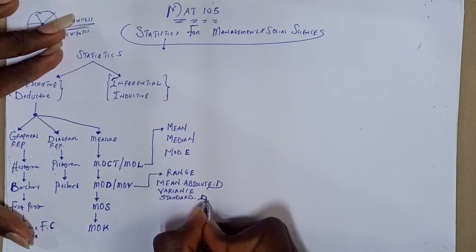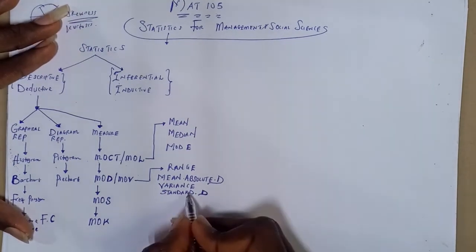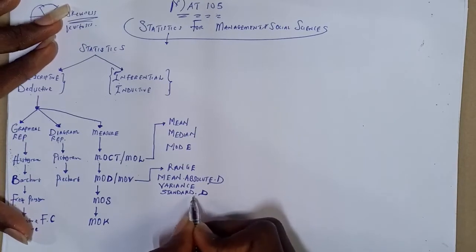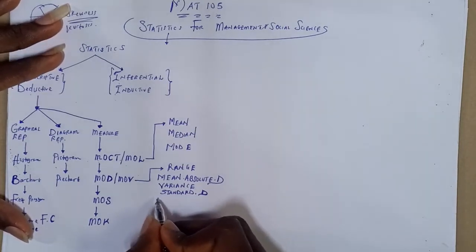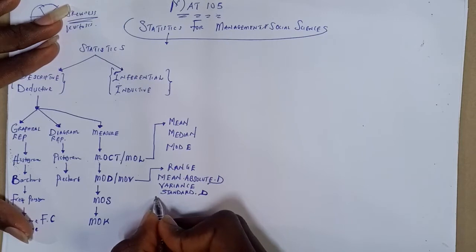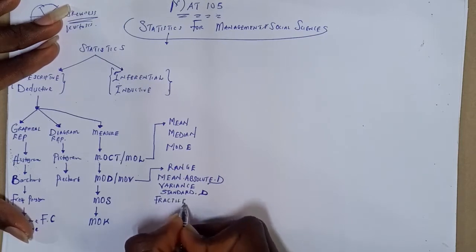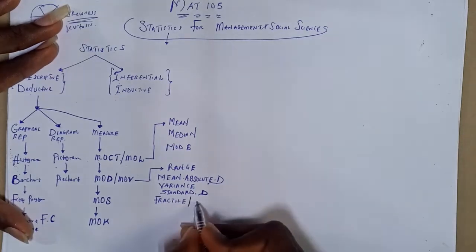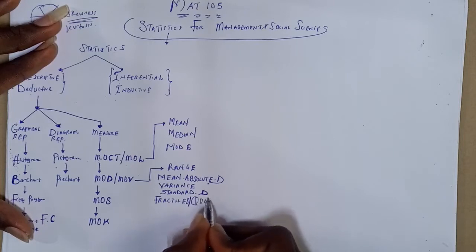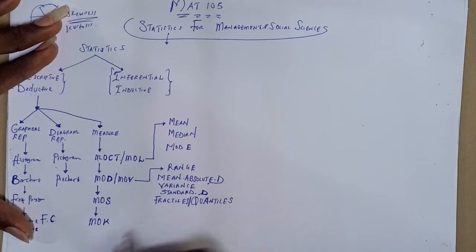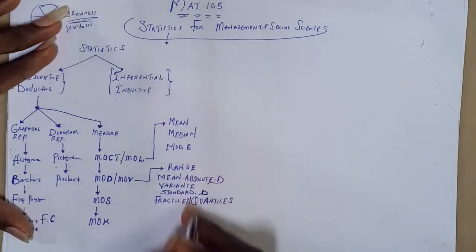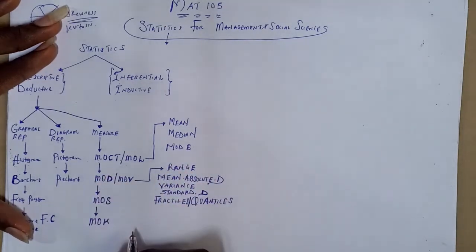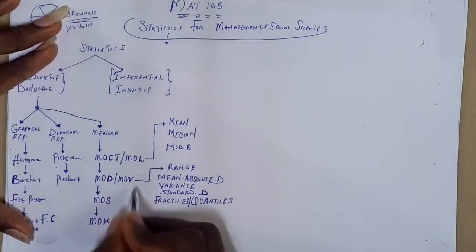If you now understand clearly what standard deviation is, we can then move to the fractiles, which are also known as quantiles. I'll explain whatever we have under this case. So with this, I think this is sufficient for the measure of dispersion.